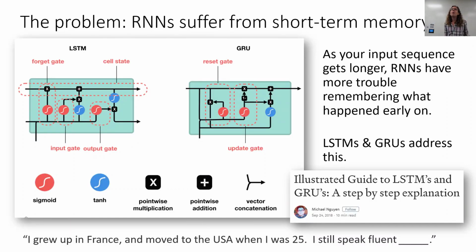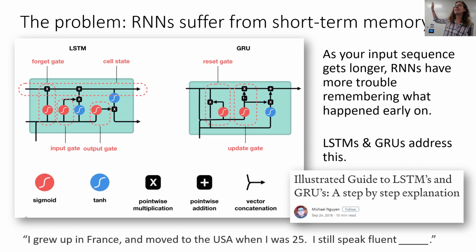So a problem with RNNs is that they suffer from short-term memory. What this means is that as your input sequence gets longer, RNNs have more trouble remembering or keeping in their state what happened early on. This can be illustrated with an example I took from a Chris Olah blog post. Say you had a sentence, I grew up in France and I moved to the USA when I was 25.